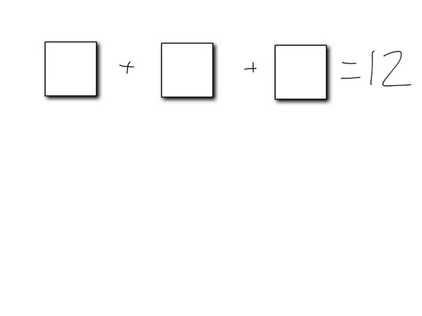In lesson 2, we really zeroed in more on missing addends. And if you remember from lesson 1, what missing addends are is they're essentially a number that we don't know at the outset of the equation. They're going to give us most of what we need to solve the problem, but they're going to take one piece away.